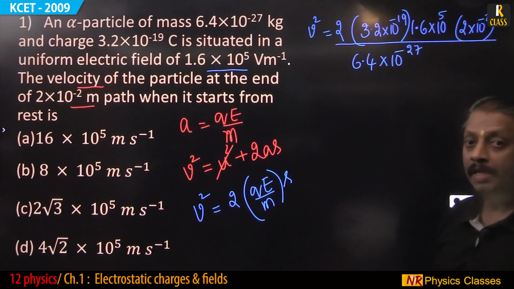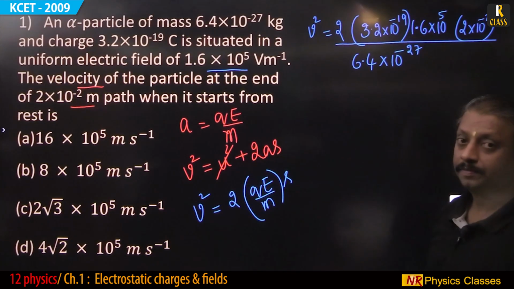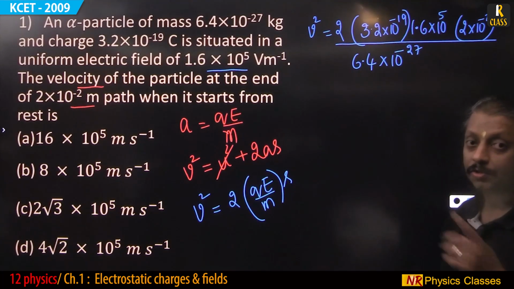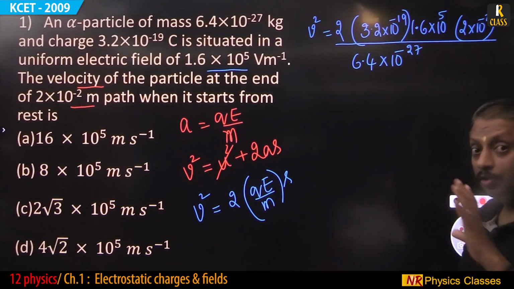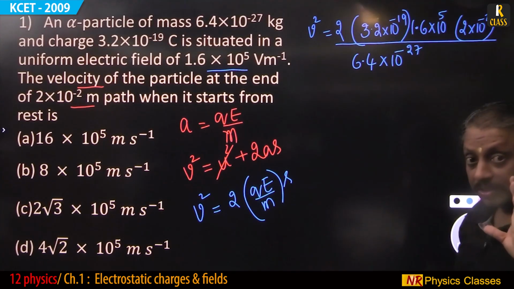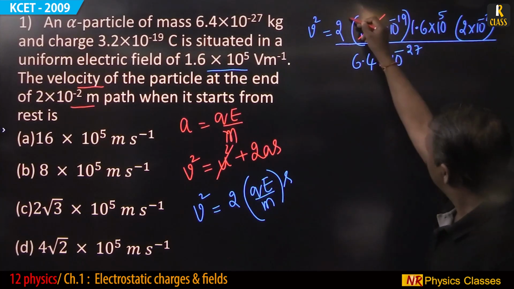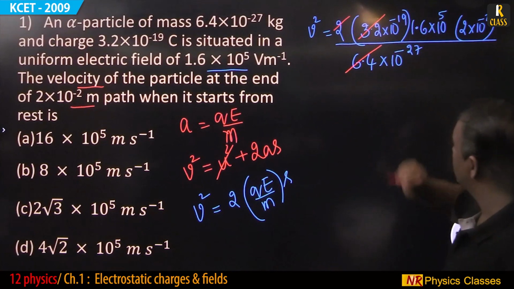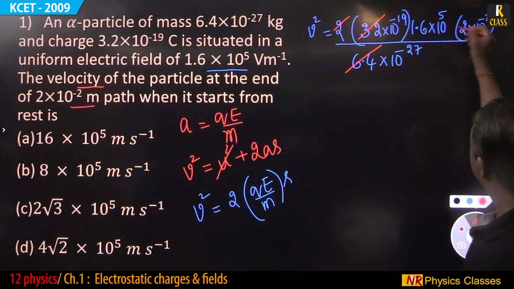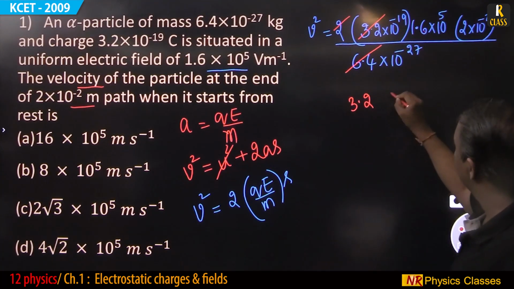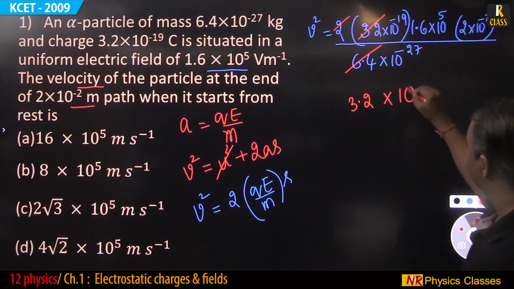Fine. Left hand side there is v square. Calculator is not allowed, isn't it? So let us solve this without a calculator, and it is not required. See, 3.2 into 2 is 6.4, gone. 1.6 into 2, 3.2, 10 to the power of.